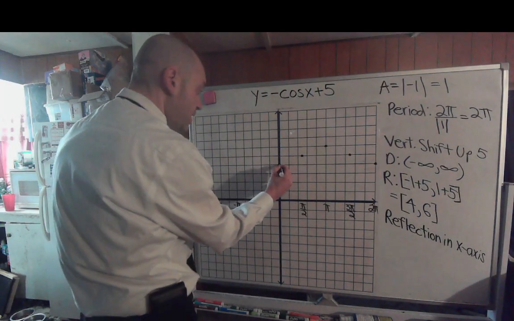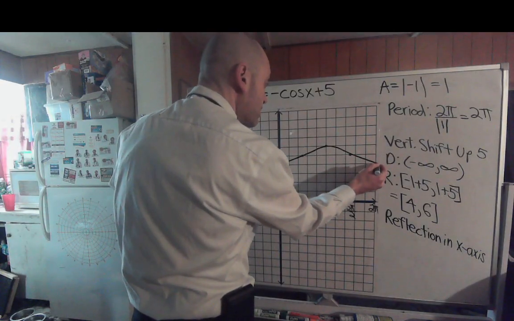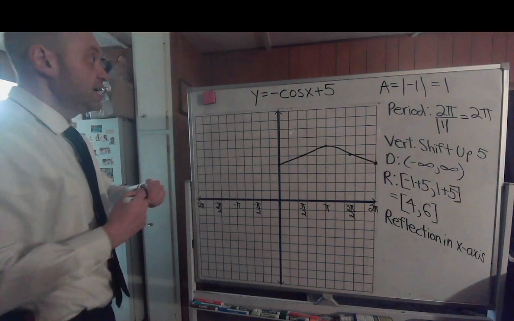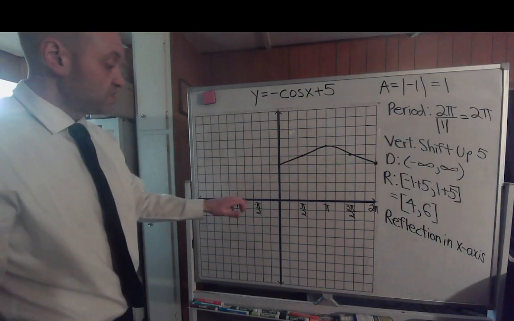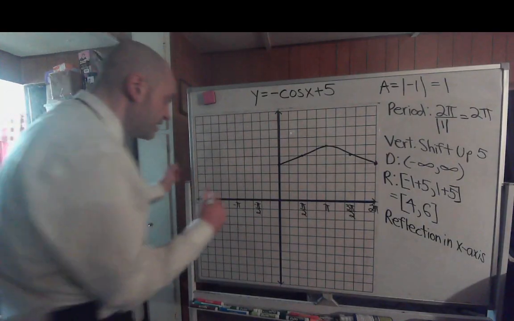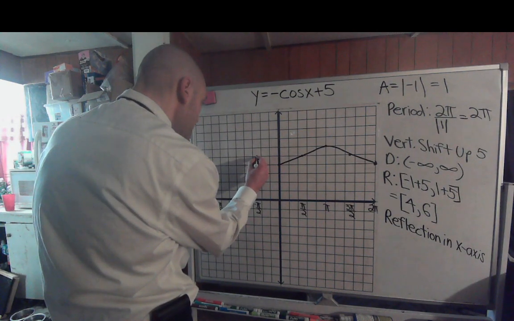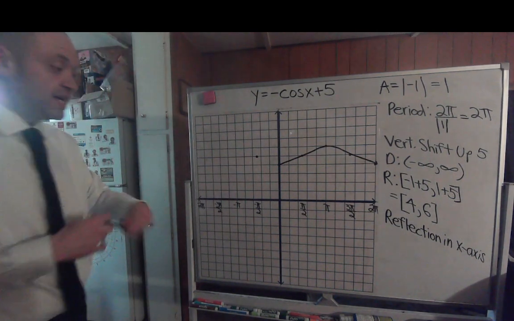So now we can go ahead and draw the entire right branch of this curve. Now let's do the left. What's the cosine of -pi over 2? That's also 0 plus 5, which is going to give you 5. Now what's the cosine of -pi?